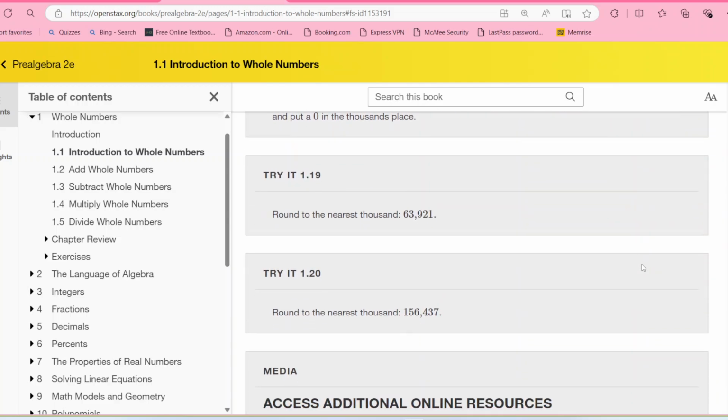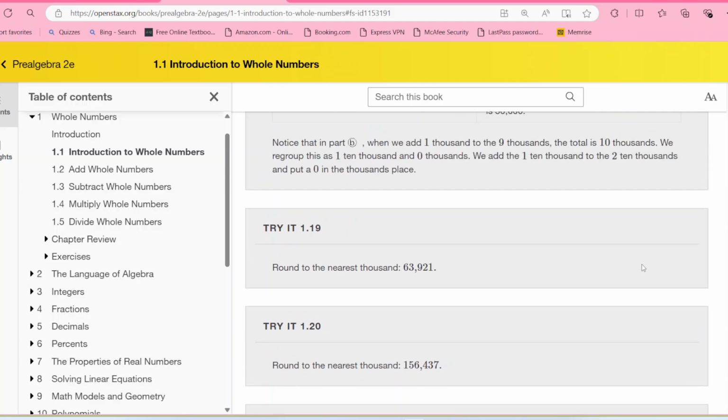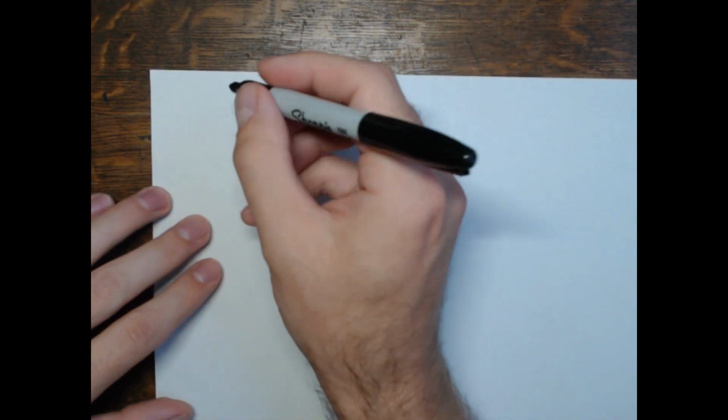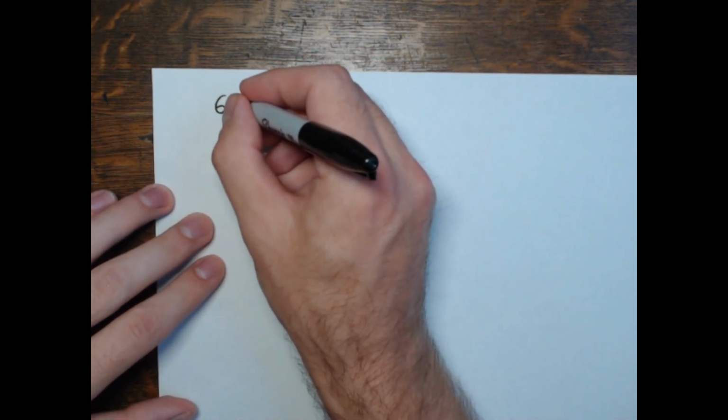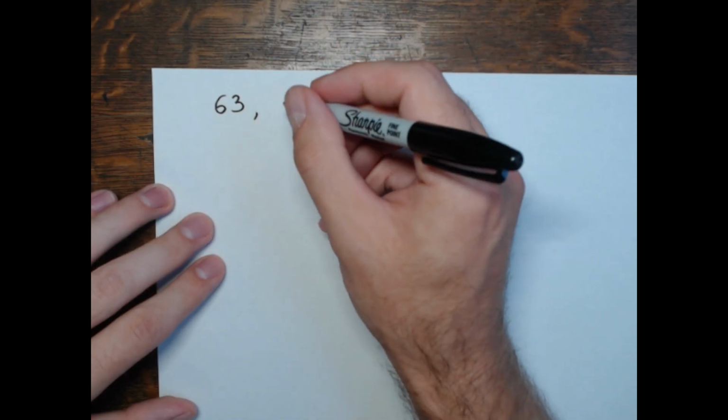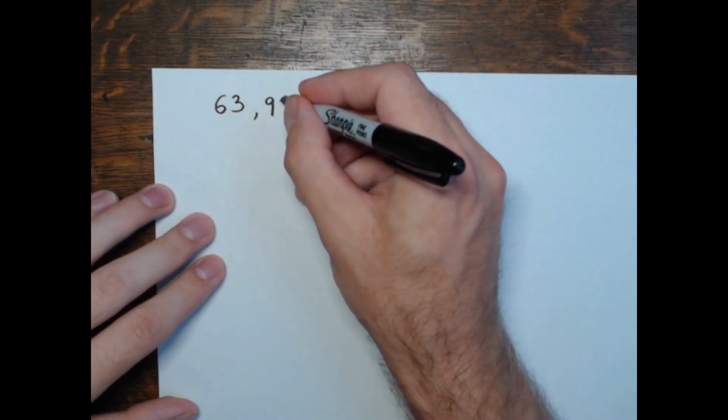And then the try-its. Okay, Try It 1.19 and Try It 1.20. Once again asked to round to the nearest 1,000. All right, so Try It 1.19. We're given the number 63,921.